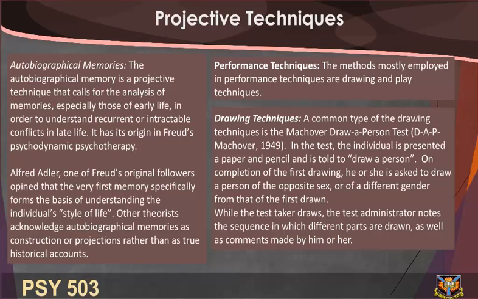On completion of the first drawing, he or she is asked to draw a person of the opposite sex or of a different gender from that of the first drawn. While the test taker draws, the test administrator notes the sequence in which different parts are drawn, as well as comments made by him or her.